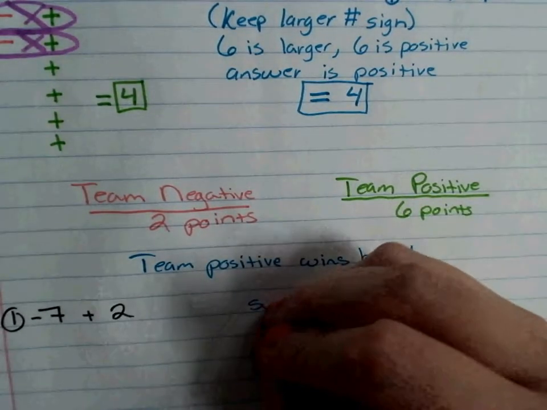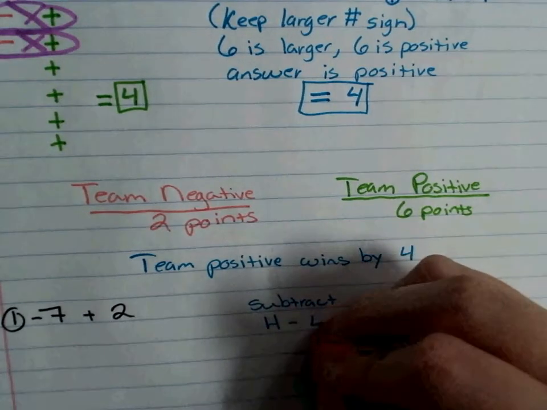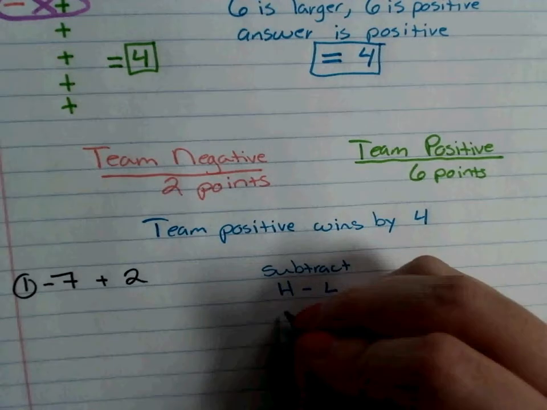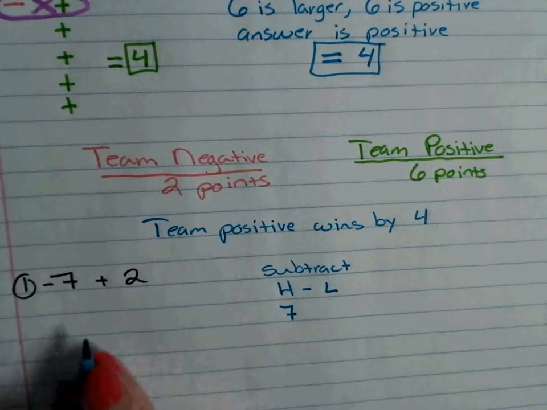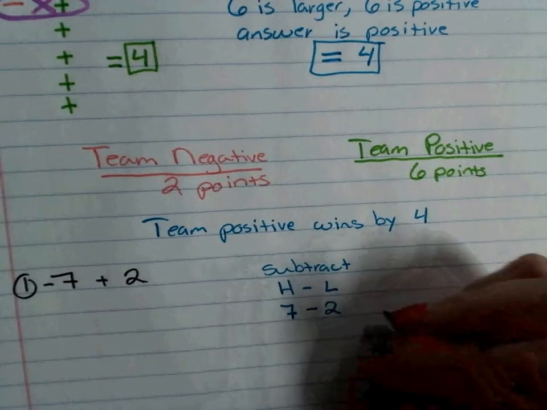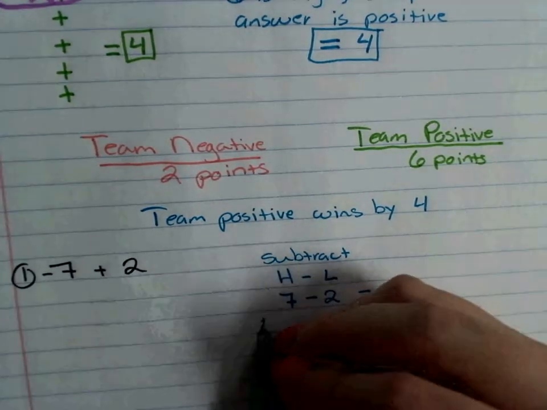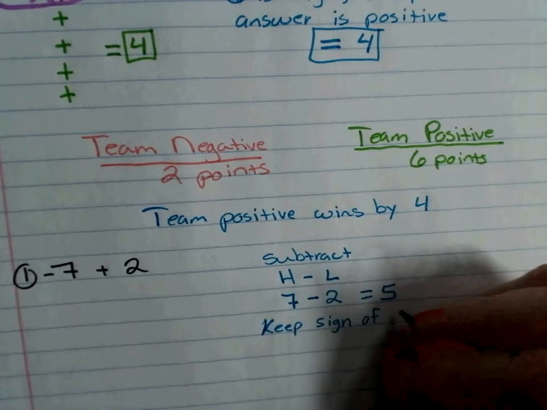So if I subtract, again, we're subtracting our higher number minus our lower number. Which one's the higher number? 7. The 7. Remember, we're not focusing on the negative, we're just focusing on the number. So 7 minus the 2, which is going to give us 5. And then we're going to keep the sign of the larger number.